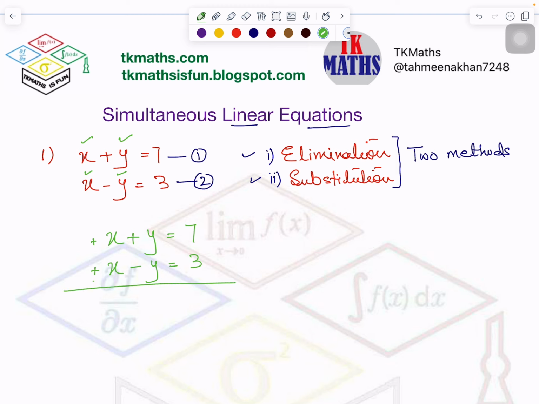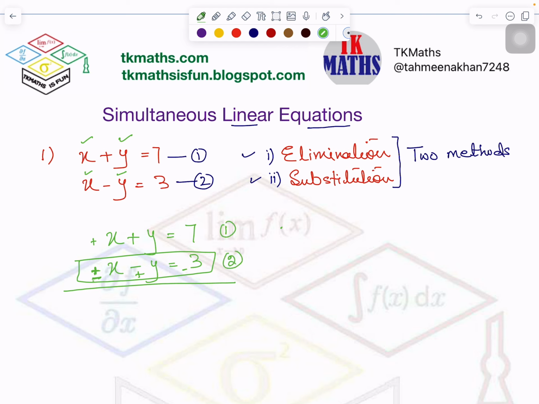When you subtract the equations, what happens? The signs of the second equation change. This plus changes into minus, this minus changes into plus, and this plus 3 changes into minus. Maybe you are thinking why, so let me explain. This was my equation 1 and this was my equation 2.